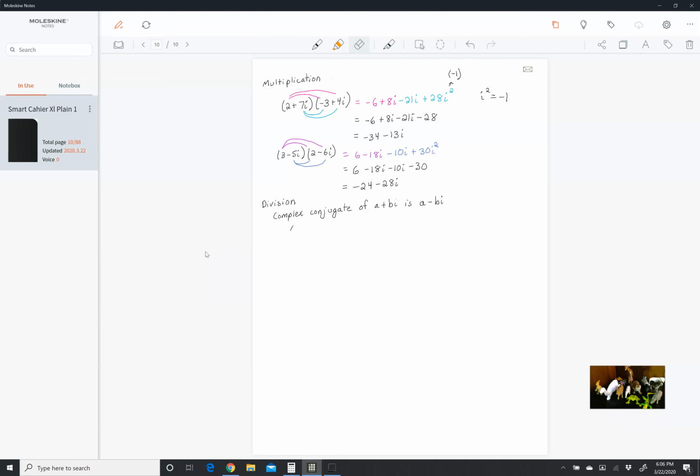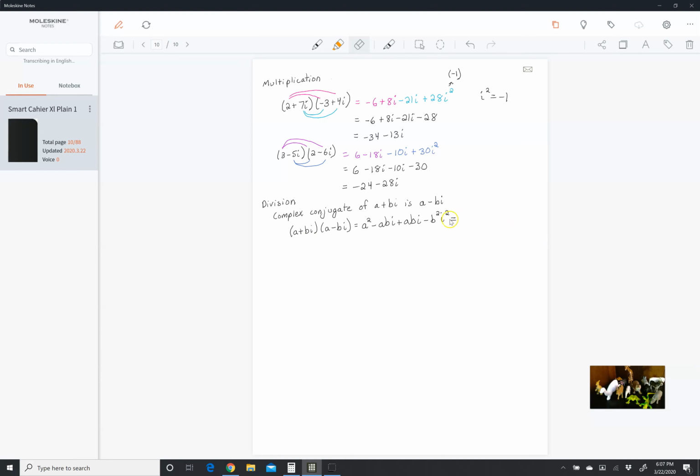And what's important to remember is that when you have a plus bi times a minus bi, I'm going to go through the whole multiplication with you: you get a squared, and then from a and negative bi, you get minus abi. Then you have bi times a, that's a positive abi. And then when you multiply negative bi and positive bi, you get negative b squared, i squared.